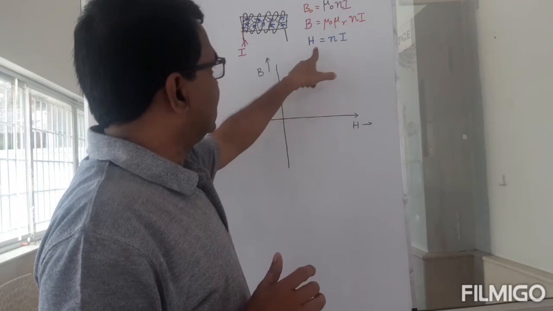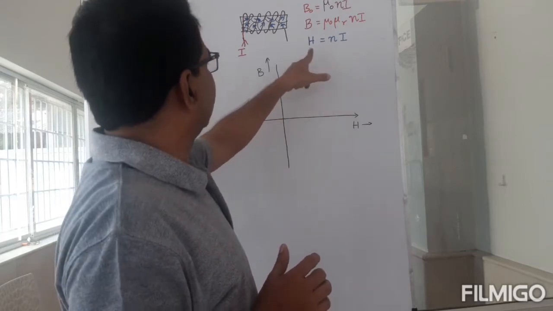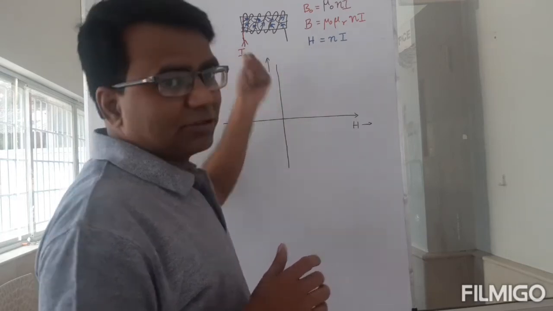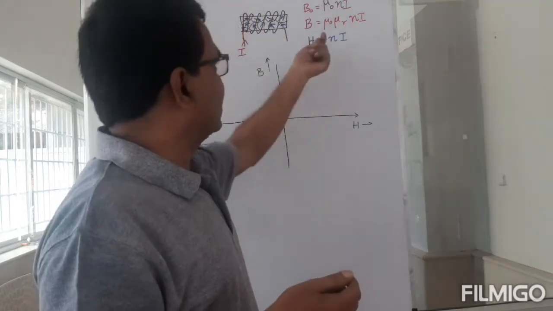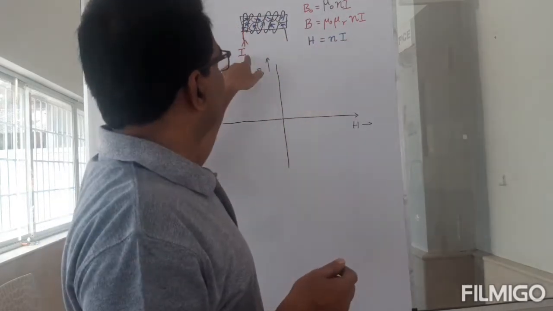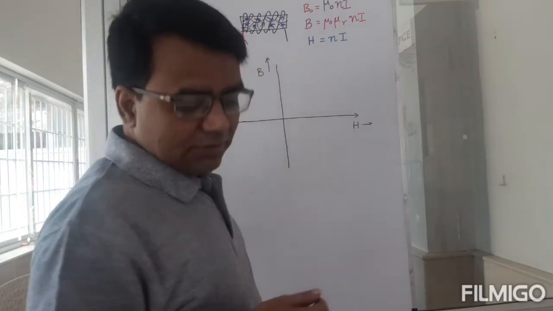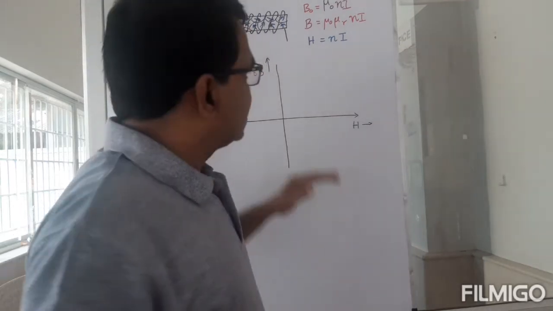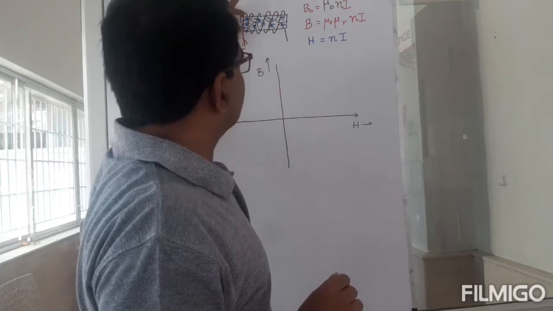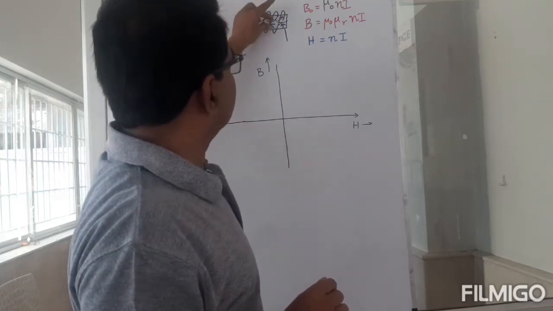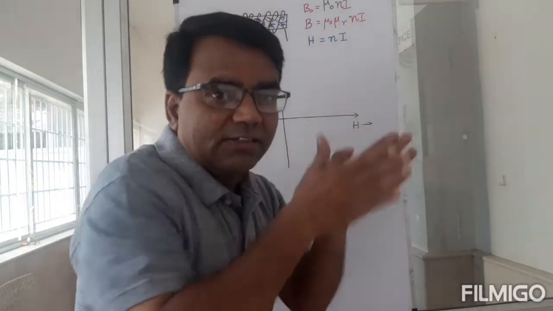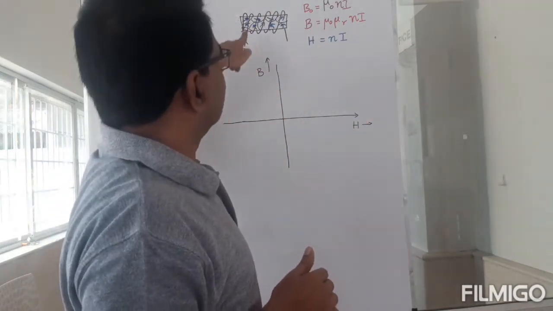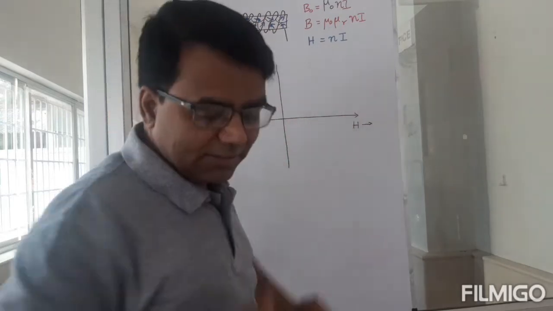How do I vary H? I'll vary H by varying the current, because once I've chosen the wire, I can't do much about n, so I'll vary I. If I vary I, then I'm setting up this magnetic field B naught, and because of that some of the domains will get aligned with the applied magnetic field.